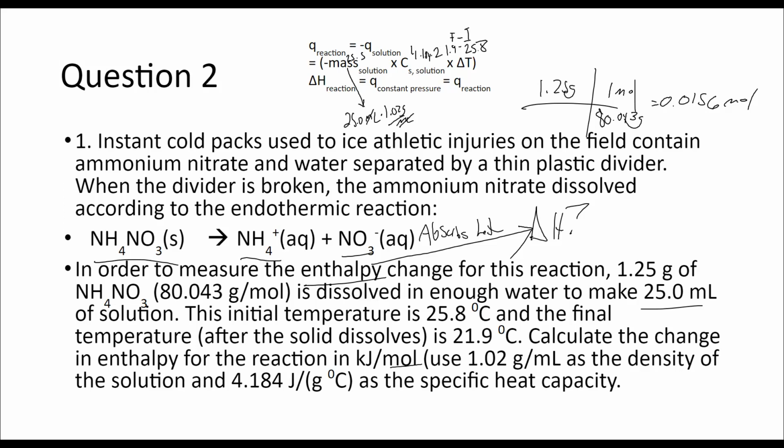So let's calculate Q reaction, or rather, we're going to calculate Q solution. Q solution is equal to negative mass, so negative 25.5, times C of solution, 4.184, times delta T, final minus initial, 21.9 minus 25.8. So Q solution is 416, right?